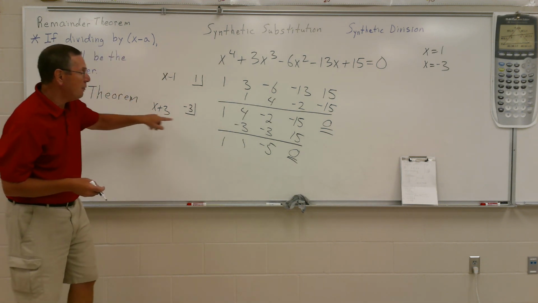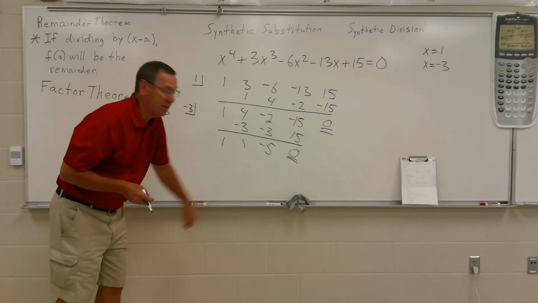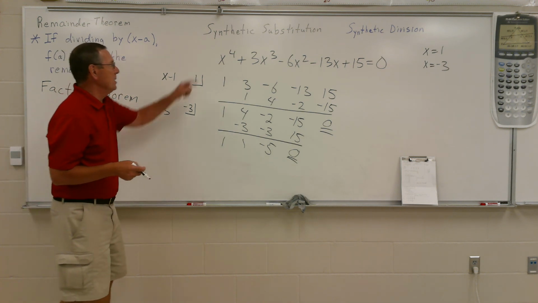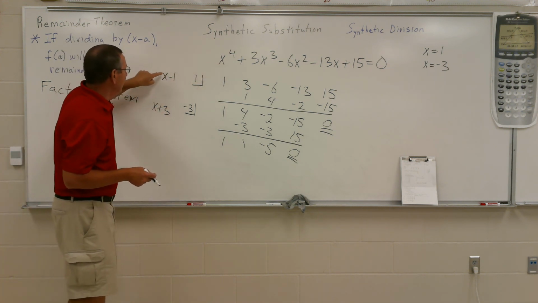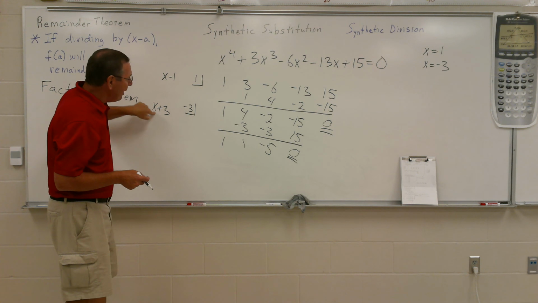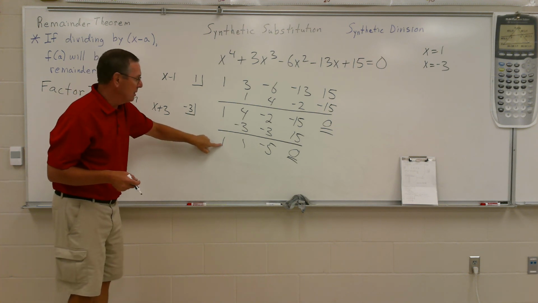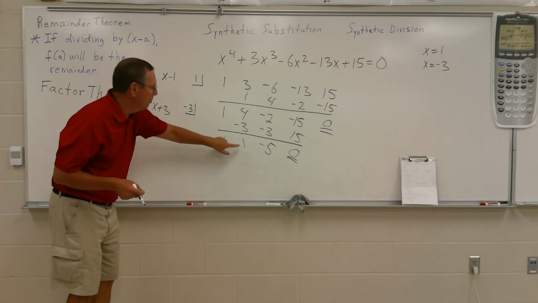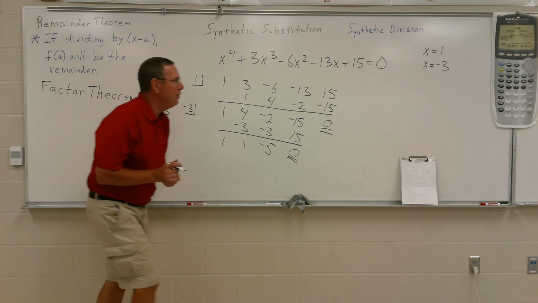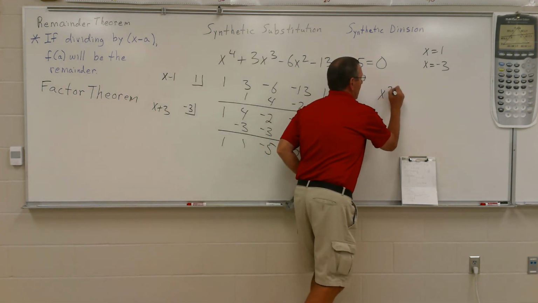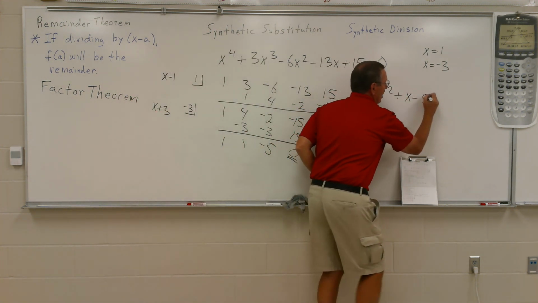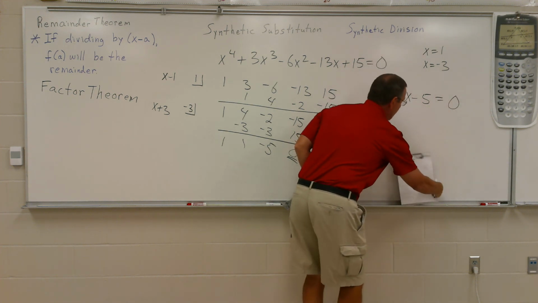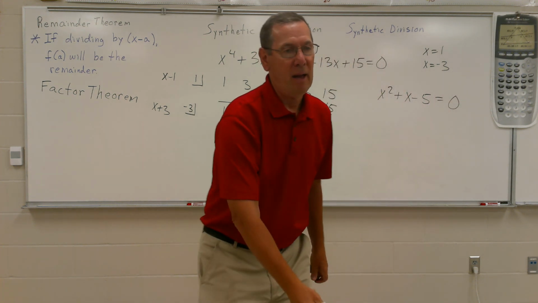If x plus 3 is a factor, you better not get a remainder back there. Okay, I started with an x to the 4th. I divided by an x, divided by another x, so that should get me to an x squared. So what I have left here is 1x squared plus 1x minus 5. Okay, I have that left.